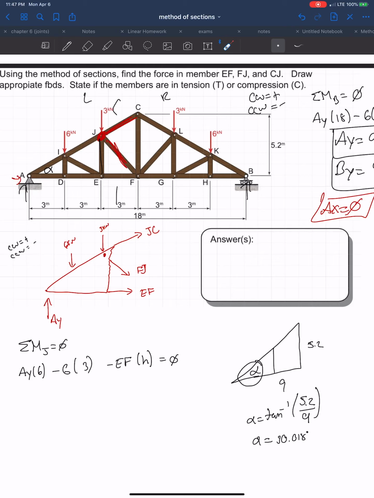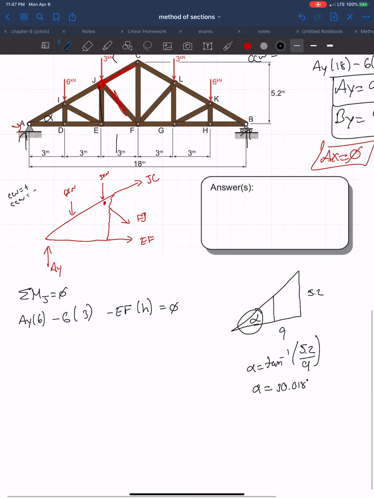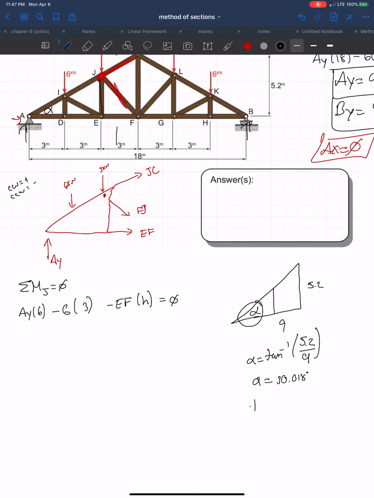So we're going to go ahead and just do something simple. It's just going to be tangent of that angle is equal to x over, and we know it's 6. So x, well, I guess in this case, it's actually h. So h is actually 6 times tan of that angle.